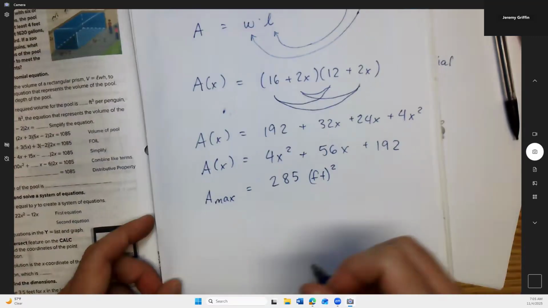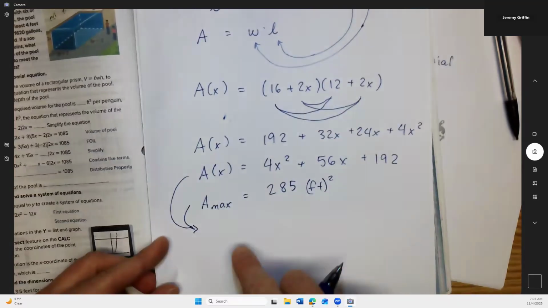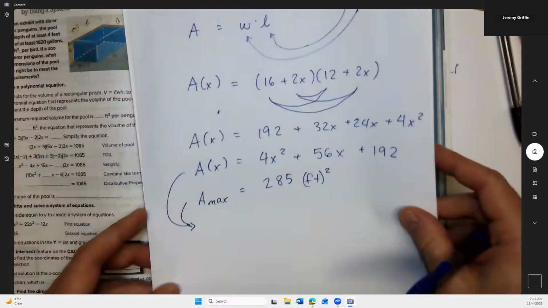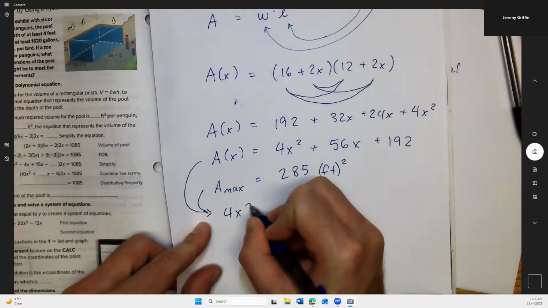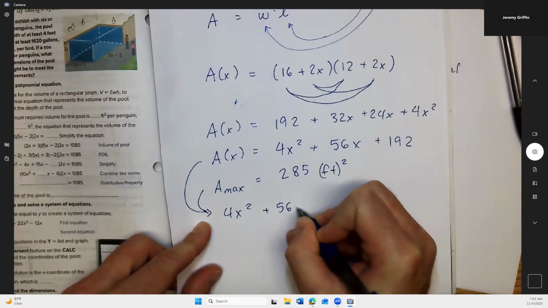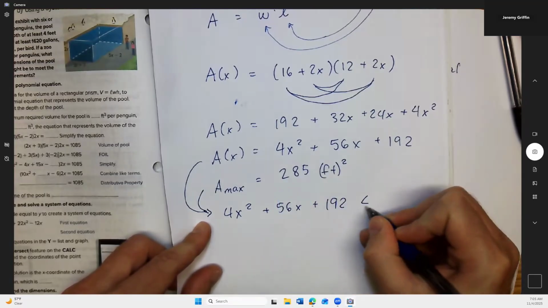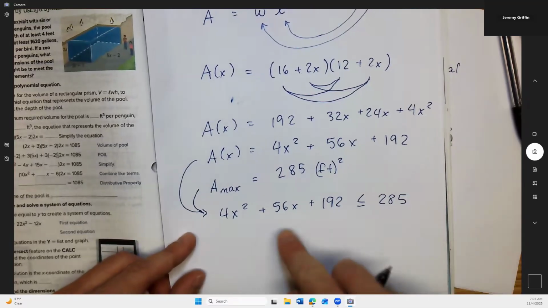And so what I could do is bring these two ideas together, and this will look a lot like that shipping package example that we just did, where this will be an inequality. So the 4x squared plus 56x plus 192 has to be less than or equal to 285. This would be in square feet, x would be in feet.